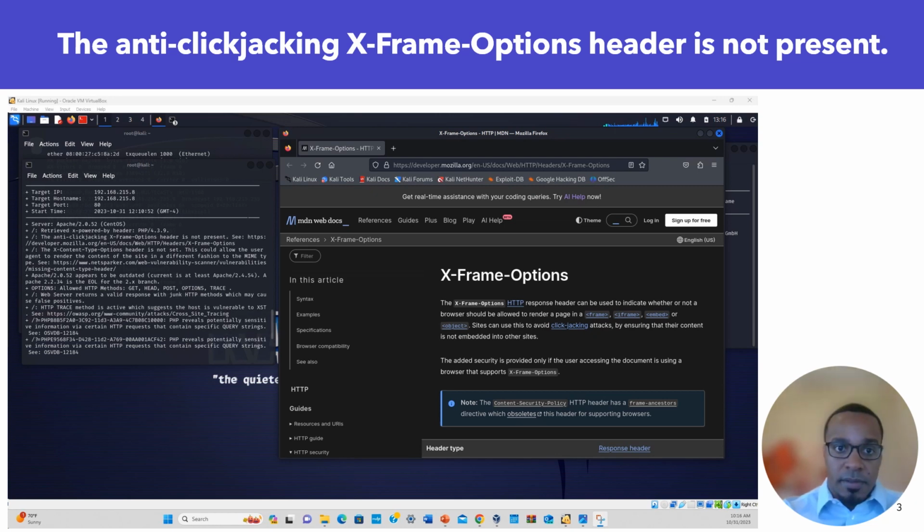It was not present, and it is an actual vulnerability. Clickjacking is an interface-based attack in which a user is tricked into clicking on actionable content on a hidden or decoy website. So this was something to look out for. Also, this attack can cause a user to download malware unknowingly.